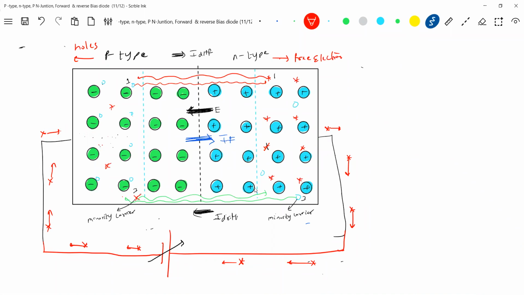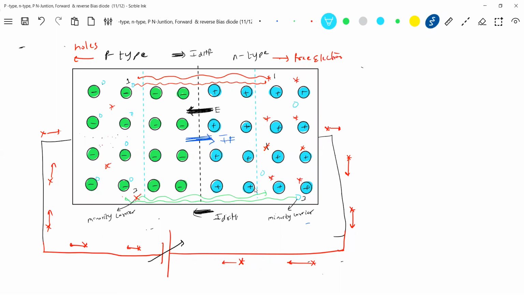Now this hole will pull out this valence electron. So look at the position of the hole. Try to remember, the moment this electron arrives it will be captured by a hole, because the electron becomes a minority carrier. If a hole captures an electron, we get a valence electron, and that valence electron we don't show, we take it out.